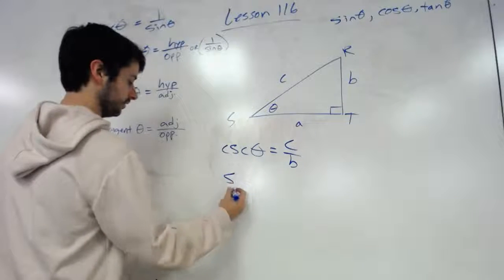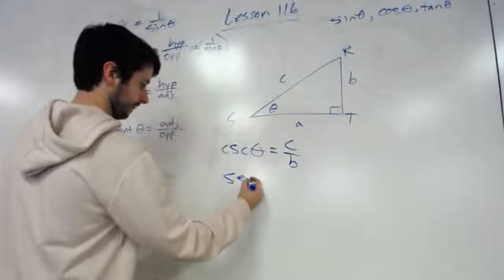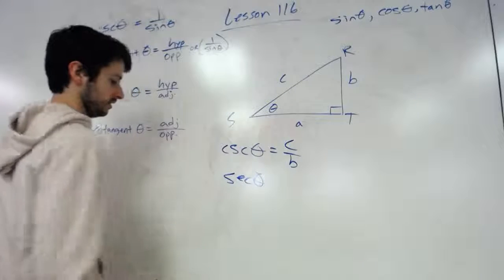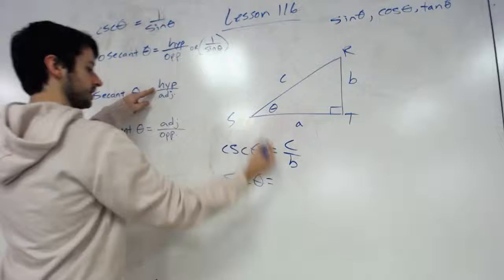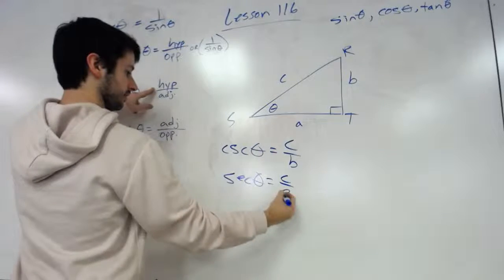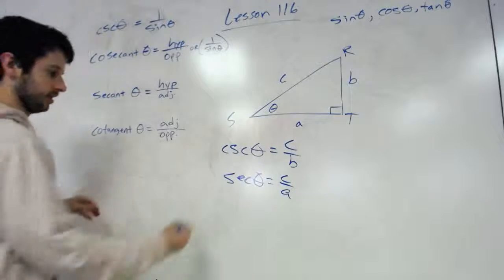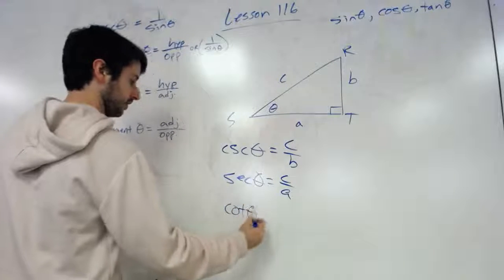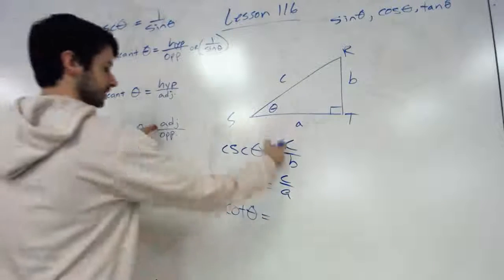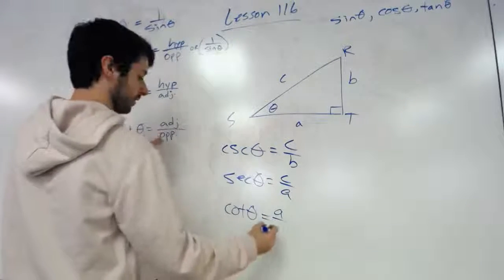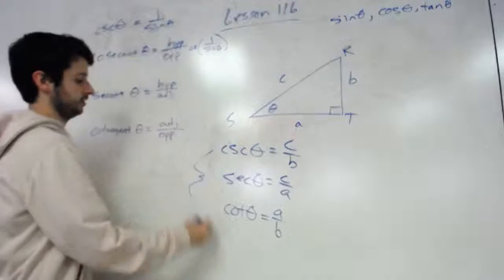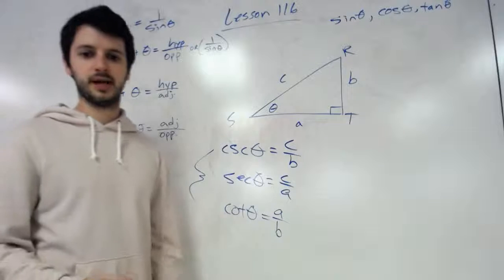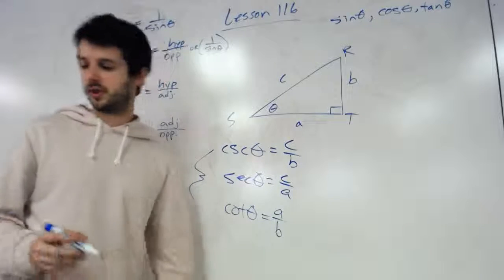Secant theta, what would that be? Hypotenuse, C, over adjacent, A. And then cotangent theta, adjacent, A, over opposite, B. So those are just three more trigonometric ratios that it might ask for you to solve.